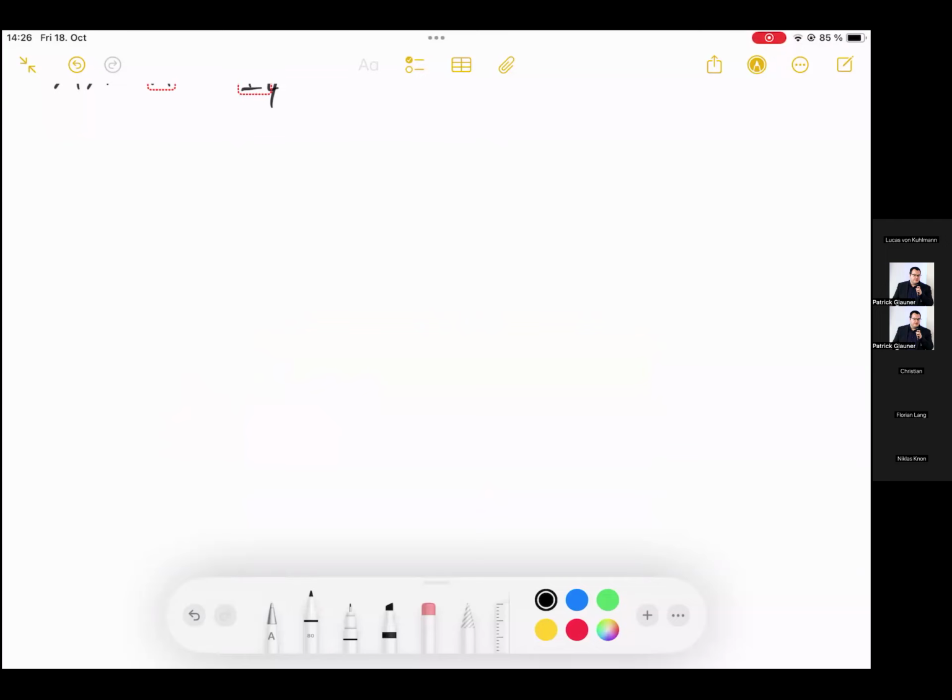So, double slit experiment. It's more or less the same setting as before, because we have a start state and then we have these slits.